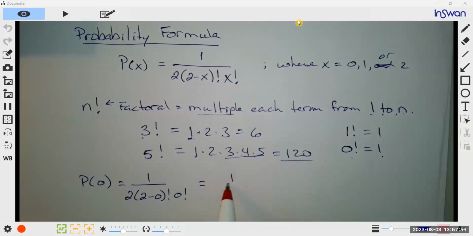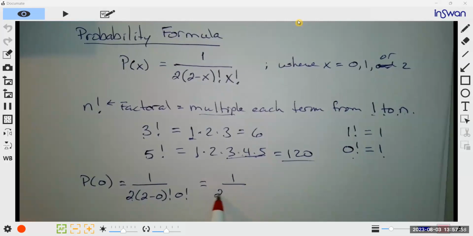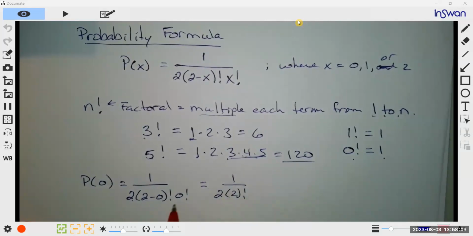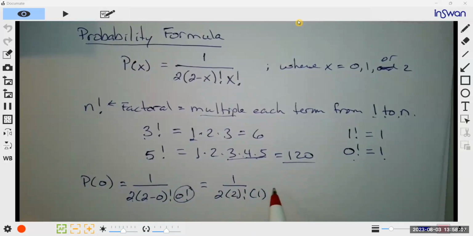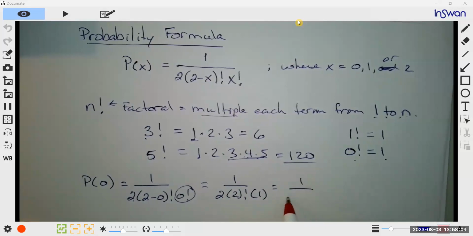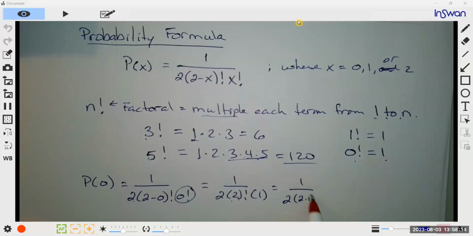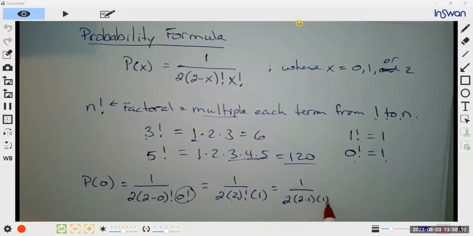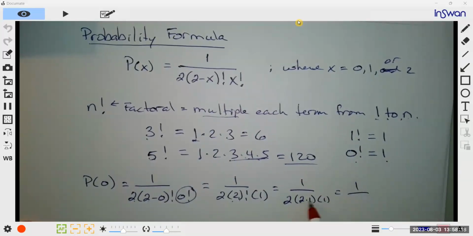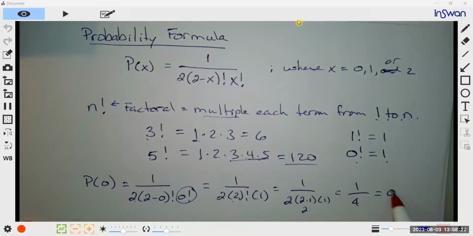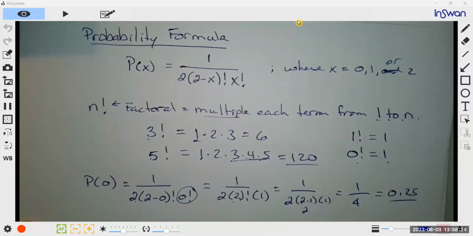All right, so we get 2. 2 minus 0 is 2 factorial. 0 factorial is 1. 2 factorial is 2 times 1 times 1, which is 2 times 1 is 2. 2 times 2 is 4. 1 over 4 is 0.25.